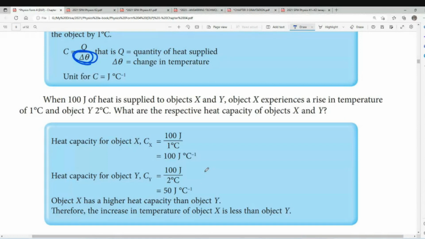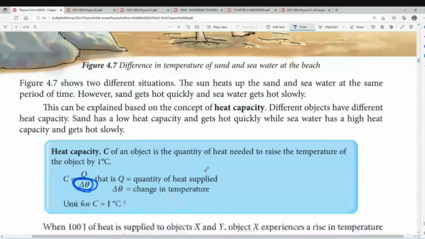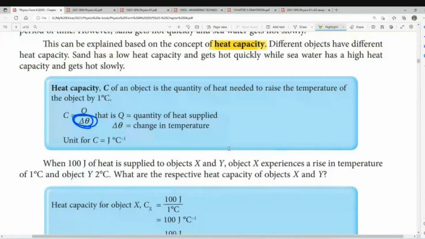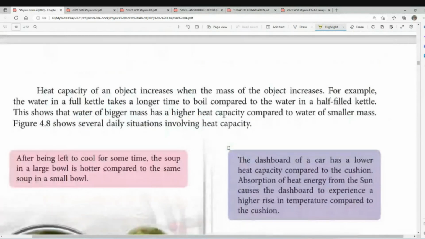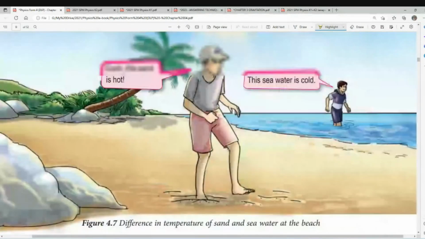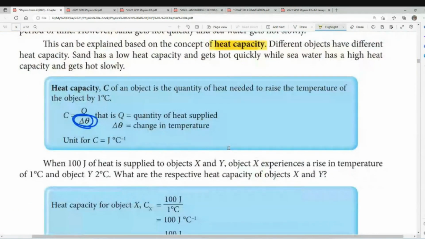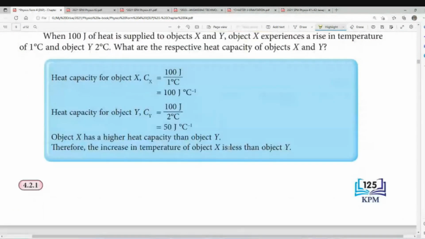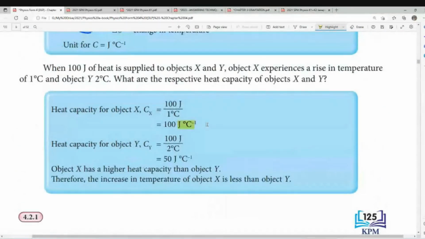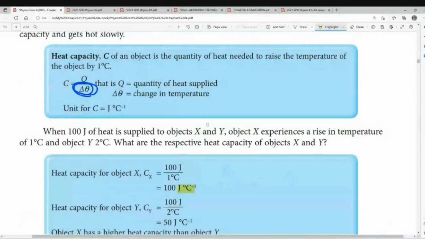How much energy is needed for a substance to change the temperature. So make sure that you are able to differentiate between heat capacity and specific heat capacity. When talking about specific, it means we are referring to 1 kilogram. The unit for heat capacity is only joule per degree Celsius.